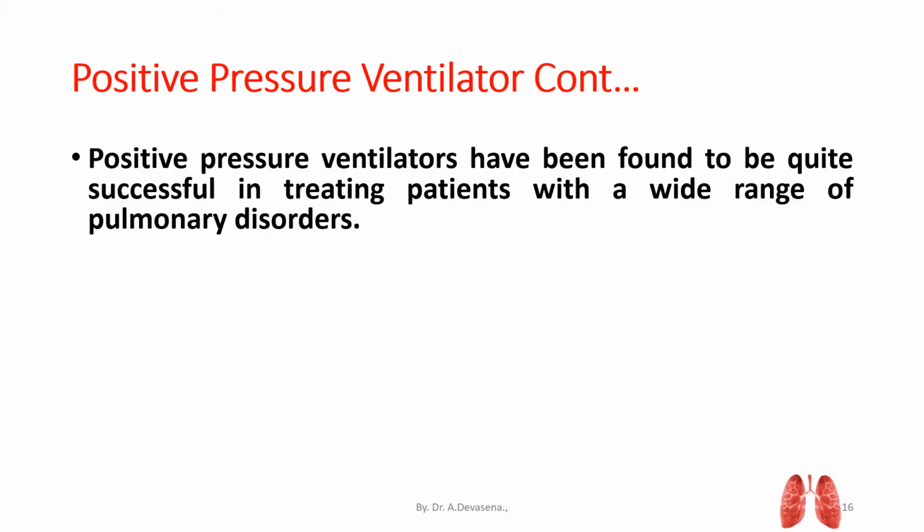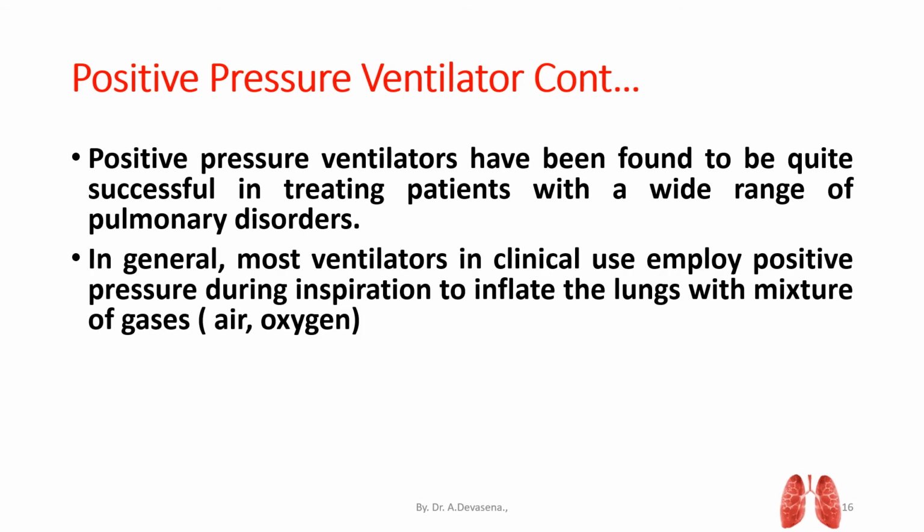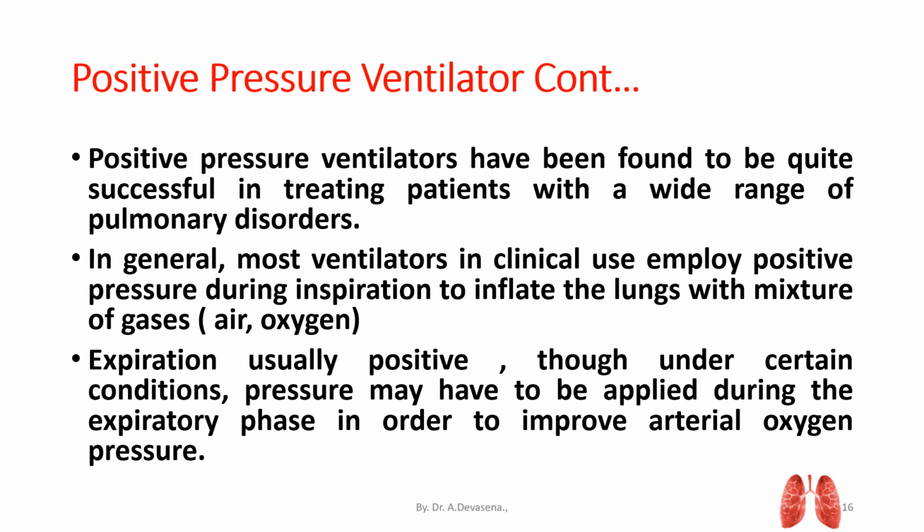Positive pressure ventilators have been found to be quite successful in treating patients with a wide range of pulmonary disorders. In general, most ventilators in clinical use employ positive pressure during inspiration to inflate the lungs with a mixture of gases, that is air and oxygen.